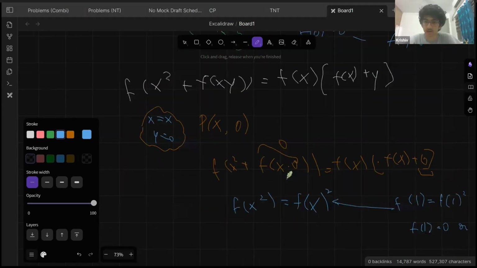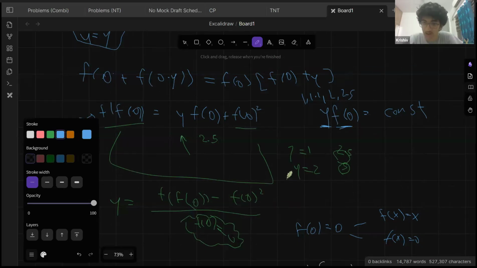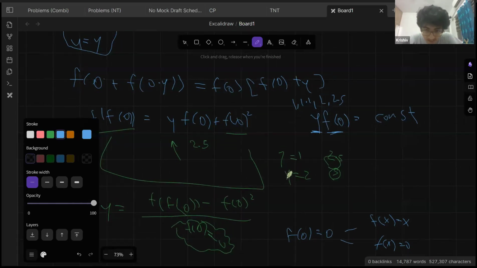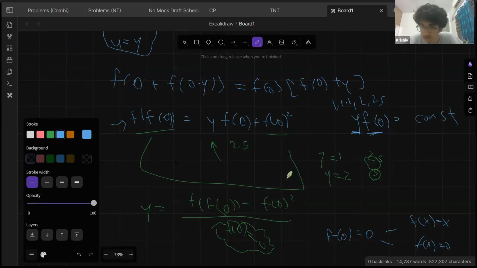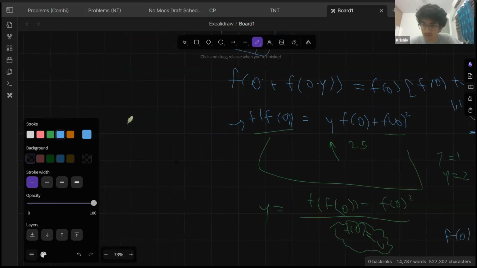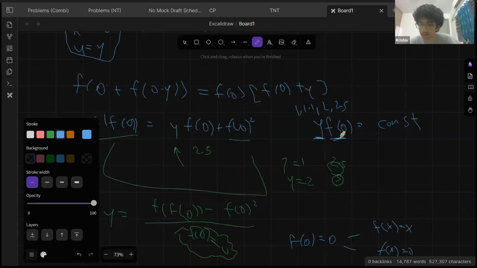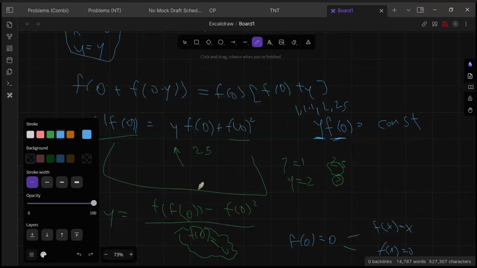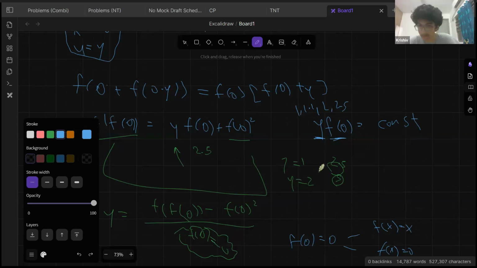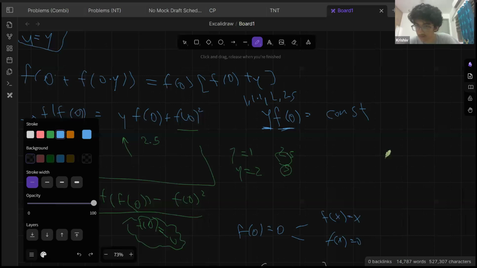No. Okay. So what we got here is we didn't get f of x is 0. We got f of 0 is 0. So what we did is, did you understand this part? F of 0 is constant, so f of 0 has to be 0. Yeah, understand. Right? F of 0 is 0. And this always goes to 0 no matter what.